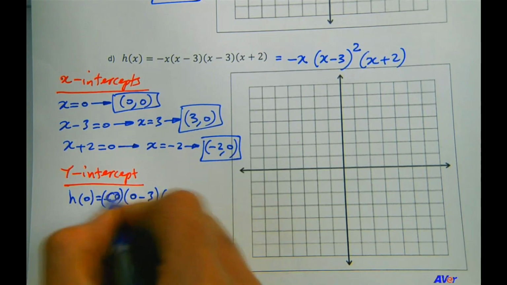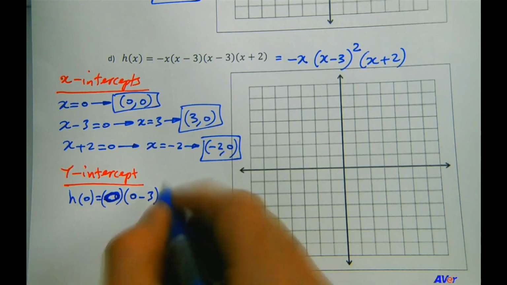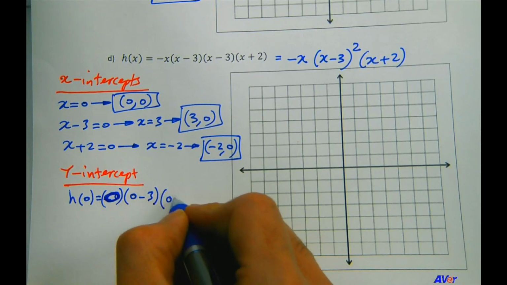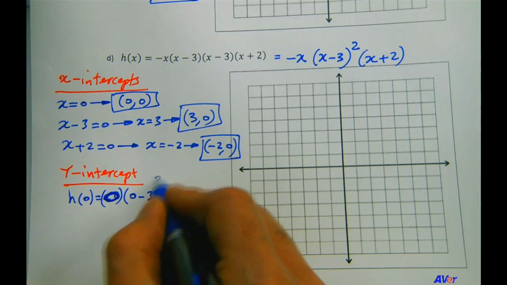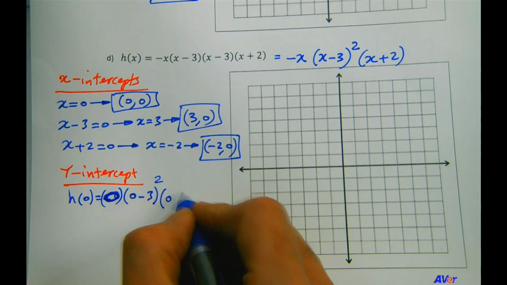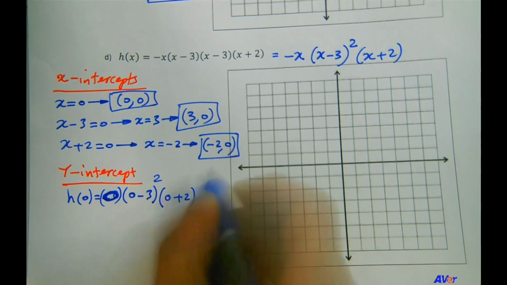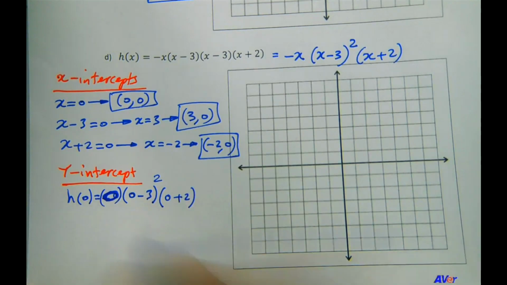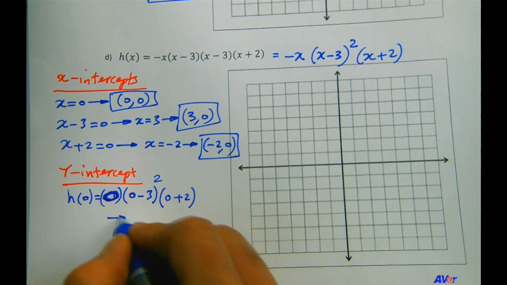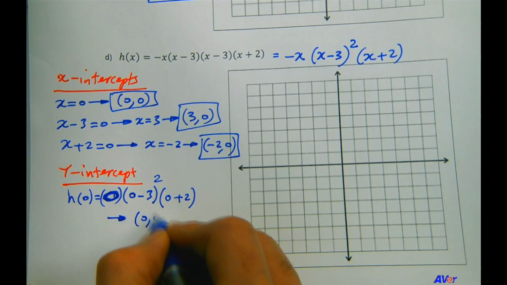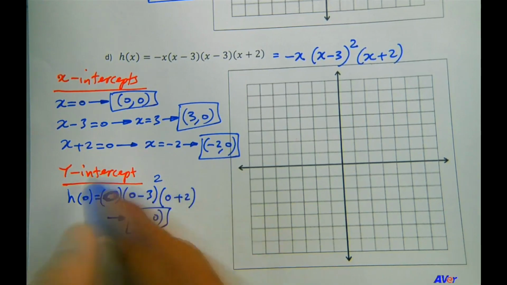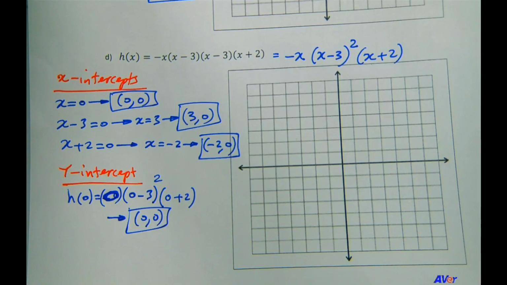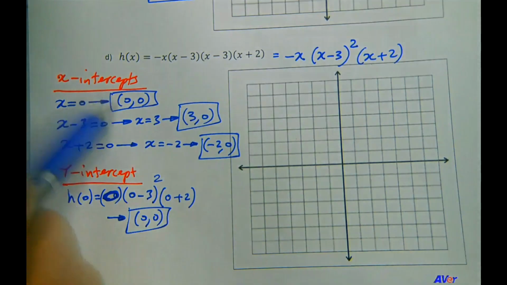So this is just 0, and (0 minus 3) squared, and (0 plus 2). So this 0 in front will make all of this 0. So we have (0, 0) also acting as the y-intercept. So (0, 0) is the y-intercept as well as the x-intercept.